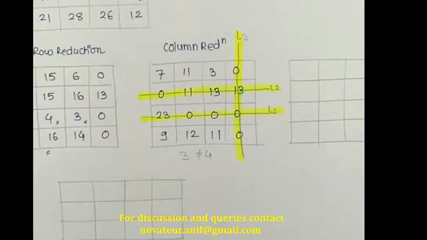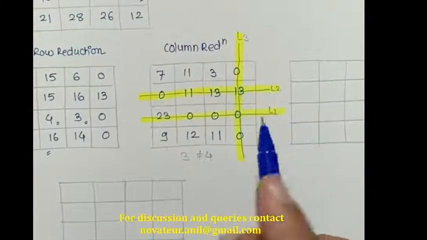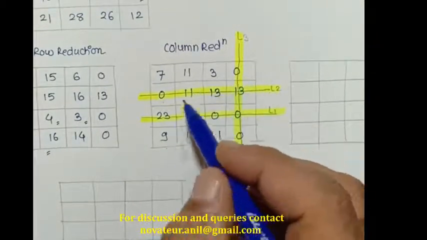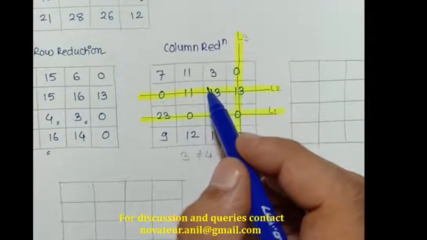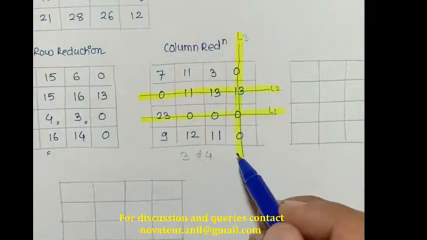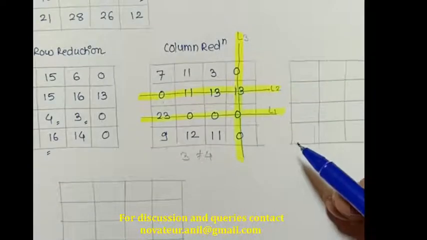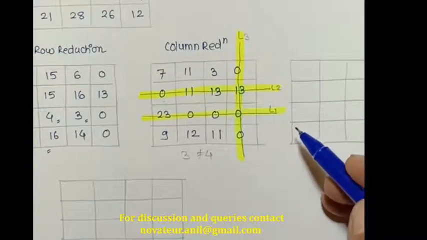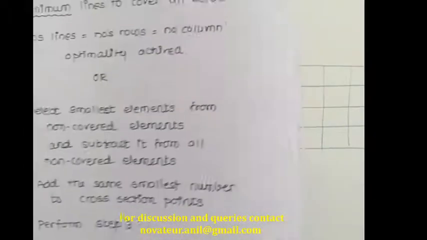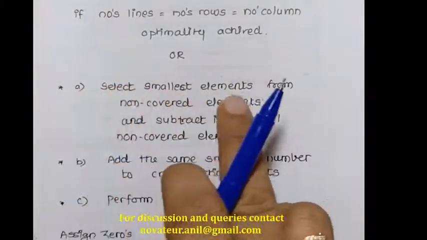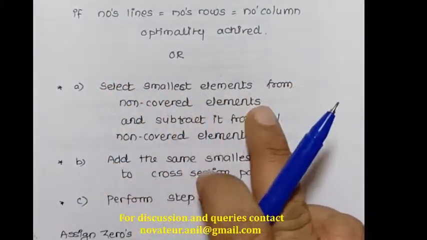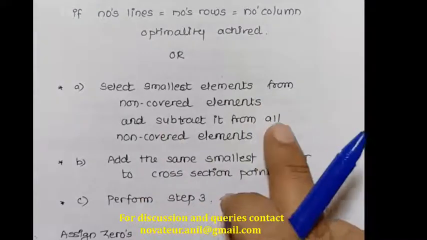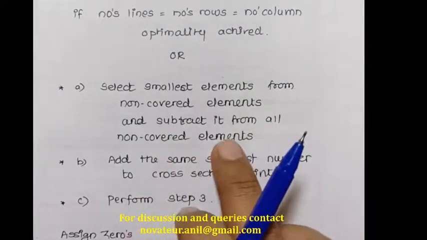So my dear friends, elements which are outside this highlighted line are the non-covered elements, and elements which are on this line are the covered elements. So basically what I have to do, please read: select the smallest element from the non-covered elements and subtract it from all the non-covered elements.